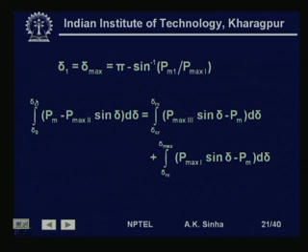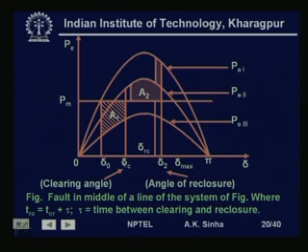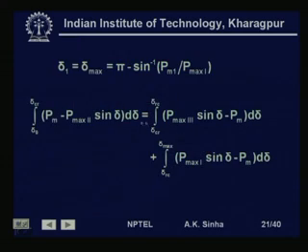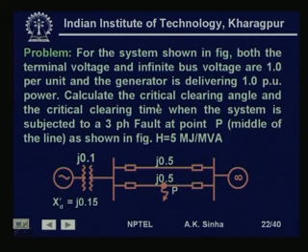So, here we have delta 0 to delta CR, Pm minus P max 2 sin delta, that is here I should write delta CR instead of delta C. So, what we are trying to do is equate the accelerating area with the available decelerating area, and using that we can calculate the critical clearing angle or the recloser time required.